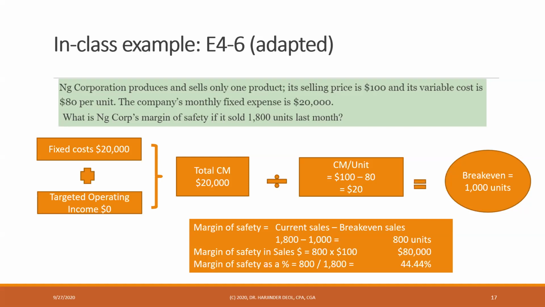Your safety net, or your margin of safety, was 800 units. That divided by your current or budgeted sales of 1,800 units gives you margin of safety as a percent. In this case, it is 44%. The higher your margin of safety, the bigger the safety net.